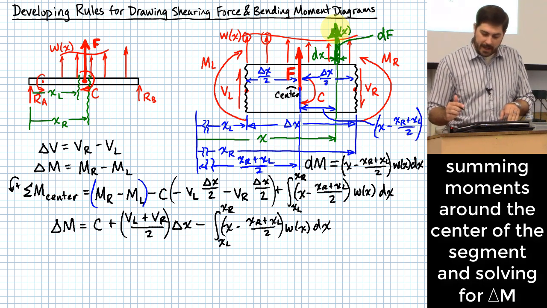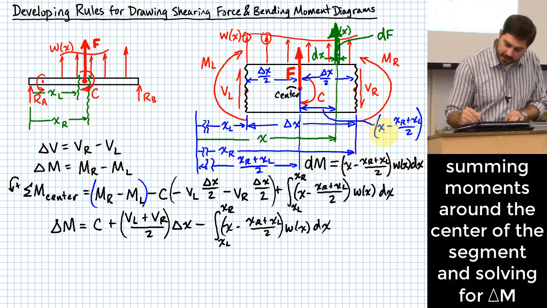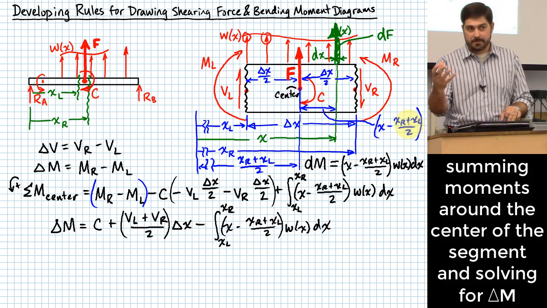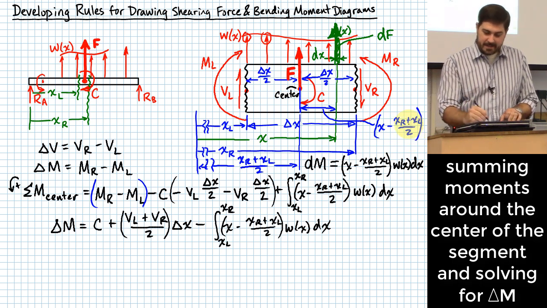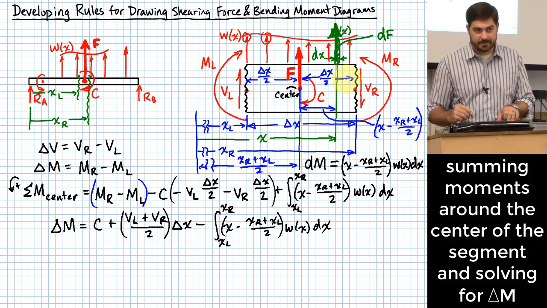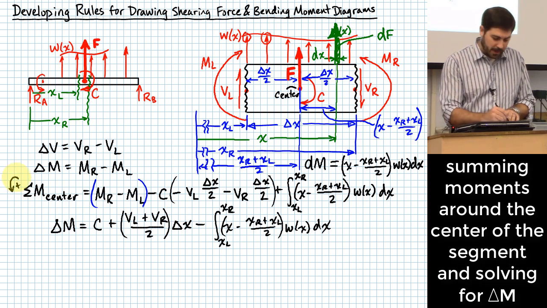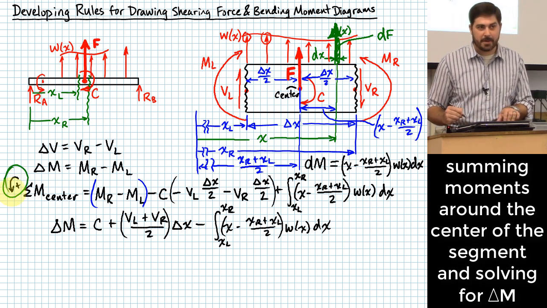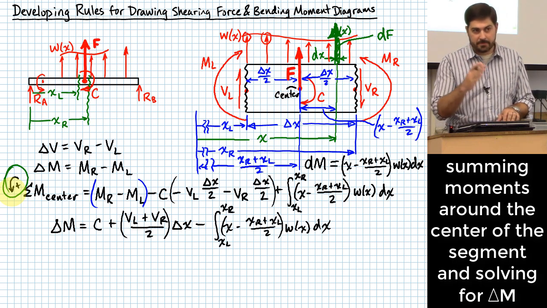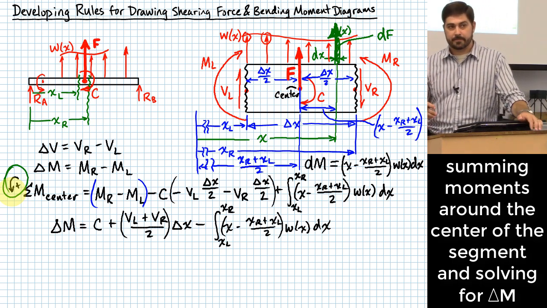I took that and multiplied by this little length, x minus (xr plus xl)/2, which is a positive number. And that creates a counterclockwise tendency to rotate around the center, which is the direction that I'm counting as being positive in my sum. So I count that integral as being positive when I'm adding them all up.